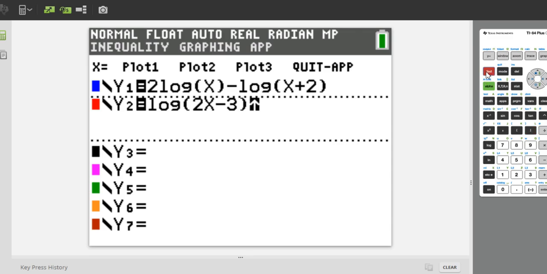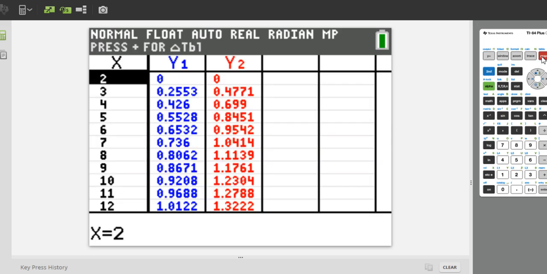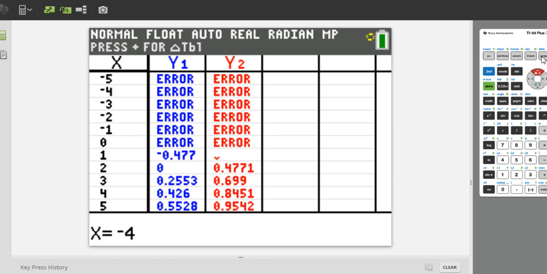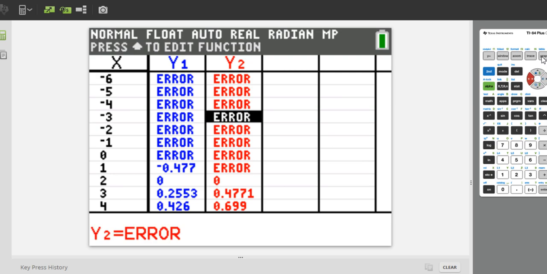So start my table, second window, started at 2, go into my table, second graph, and you can see y1 equals y2. So we've done that correctly. Now we can start the table again at -3, but it's not far to go. And you can see for -3, error for both. Even if there was just an error for one of them, it doesn't satisfy the equation. So I know for sure that the only solution is x equal to 2.